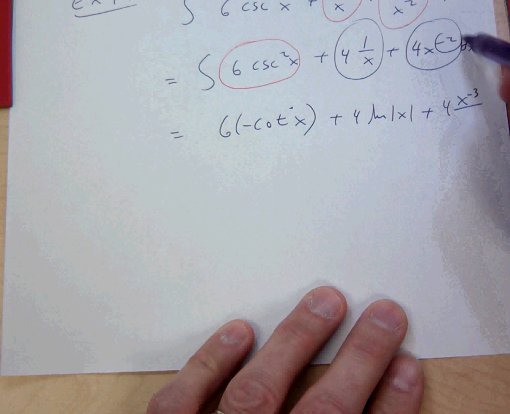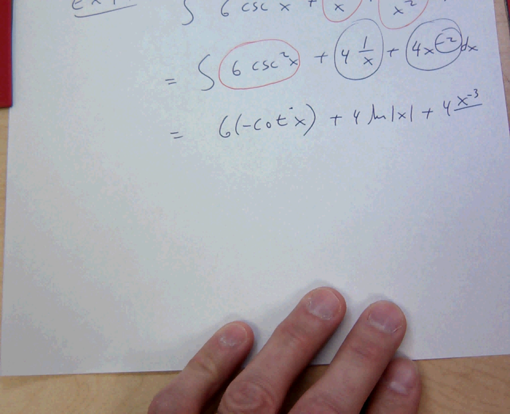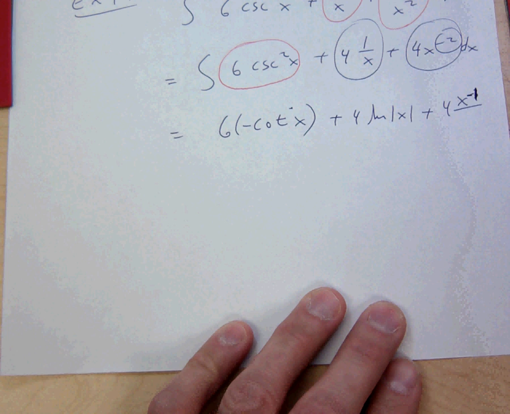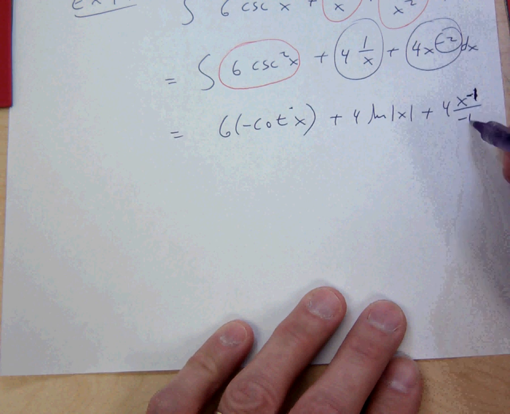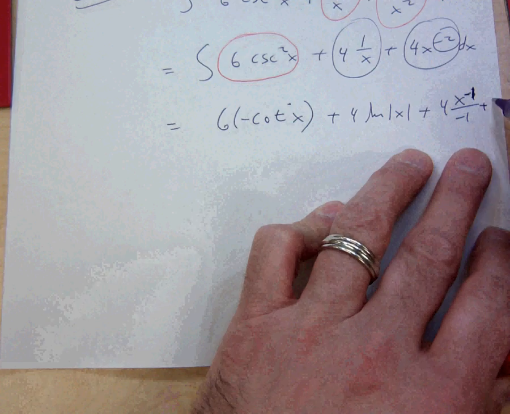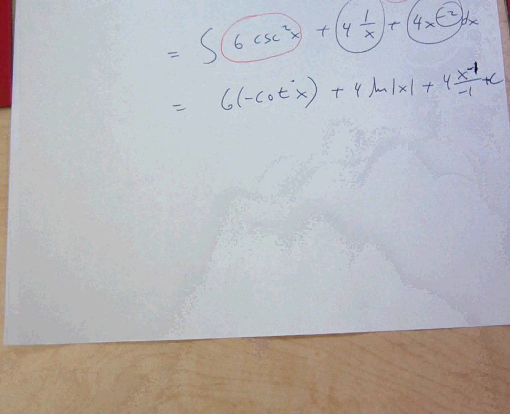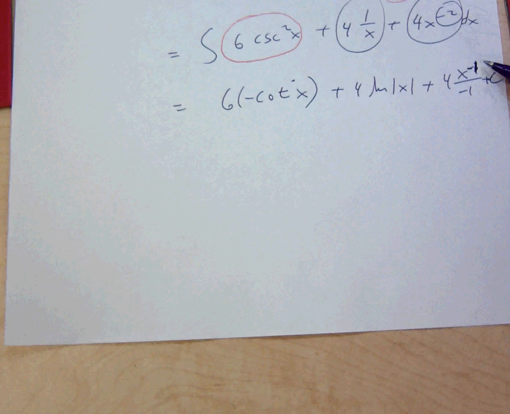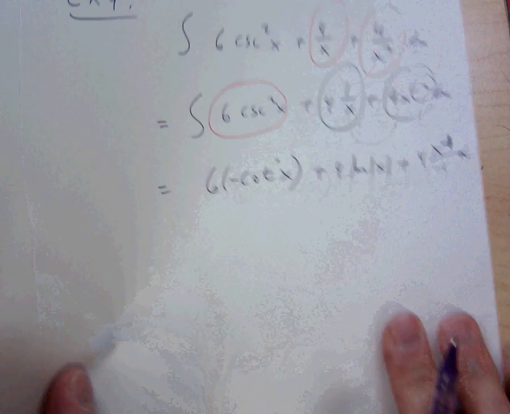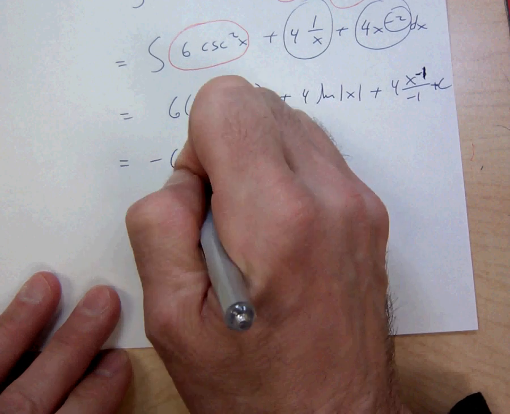Well, again, what happens when you add 1 to that? You get what? Okay, I thought you said negative 3. Yeah, you're right. It is negative 1. Okay, then over what? Negative 1. And then don't forget your what? Plus c. Okay. That is correct. She added 1 to the exponent, giving her negative 1, and then she divided by her new exponent. Okay? All right, so at this point, just going to clean it up a little bit, and then we're good.